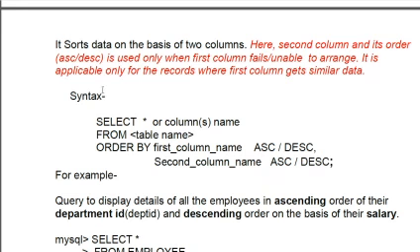It is applicable only for the records where the first column has similar data. The general syntax: order by first column, then ASC or DESC, comma. Here the comma is used. Now the second column, ASC or DESC, semicolon. Don't repeat order by for the second column.